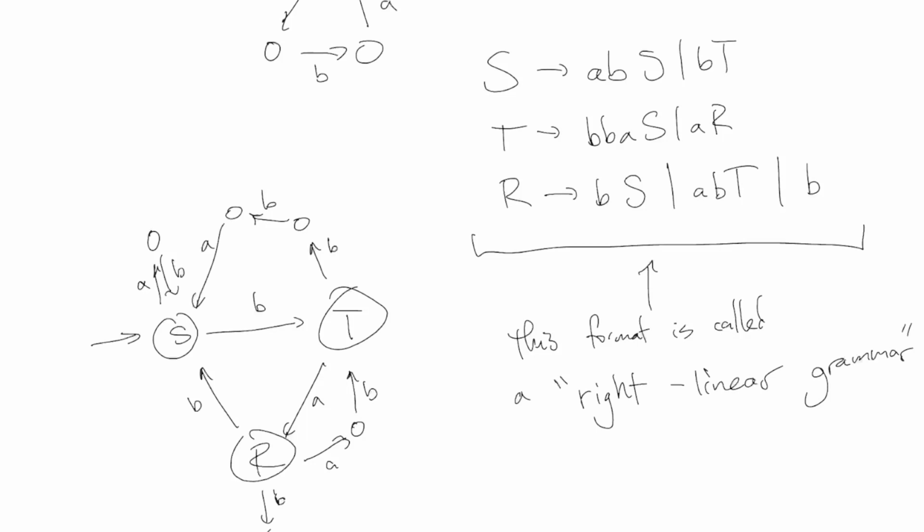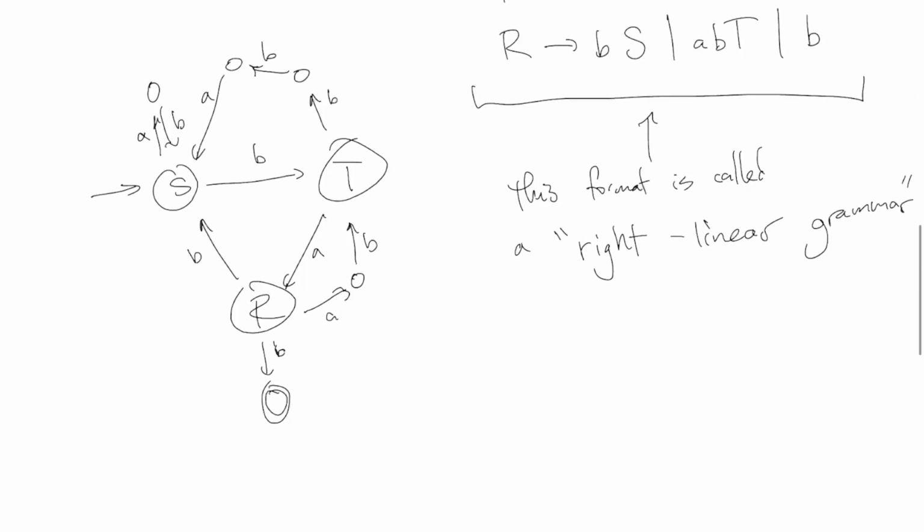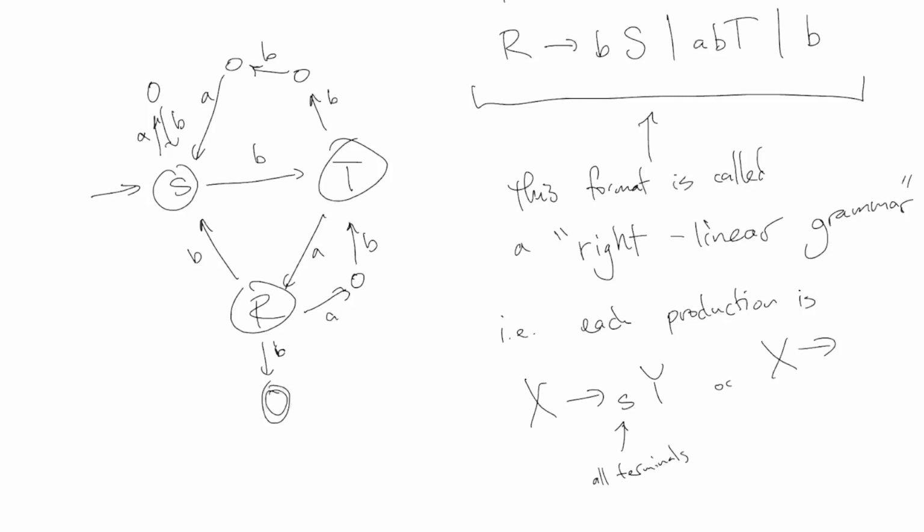It means that each production looks like X goes to sY, where s is all terminals, or X goes to s, which is like the extra little b here. In that case, it's called right linear.